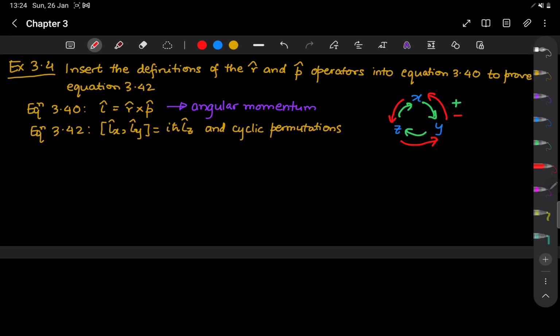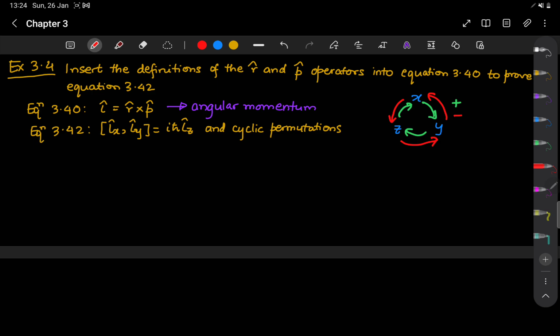And if you go the other way around, the commutator Lx, Lz will be minus iħ Ly. Commutator Lz, Ly will be minus iħ Lx, and commutator Ly, Lx will be minus iħ Lz. So this is what is meant by cyclic permutations.